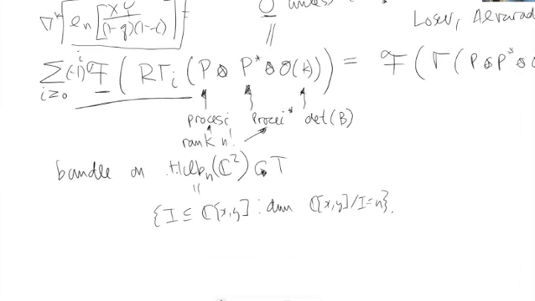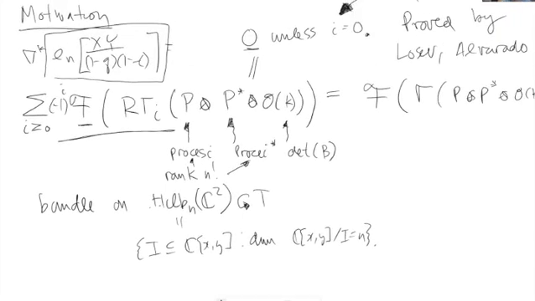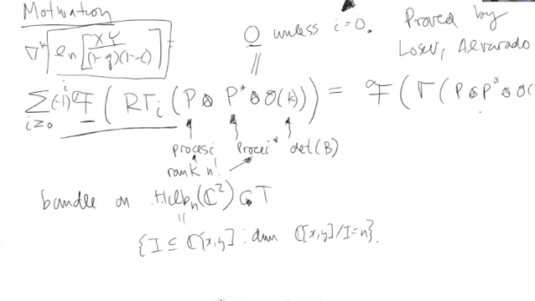Now I should say what I mean by this Frobenius character here. Each one of these bundles, P, P star, and O of K, are three different bundles on the Hilbert scheme. Both P and its dual are rank n factorial bundles with the property that the fiber over every point of the Hilbert scheme carries an action of Sn.